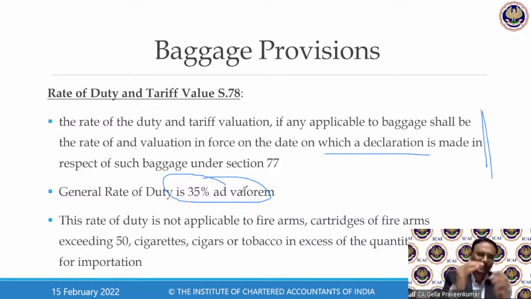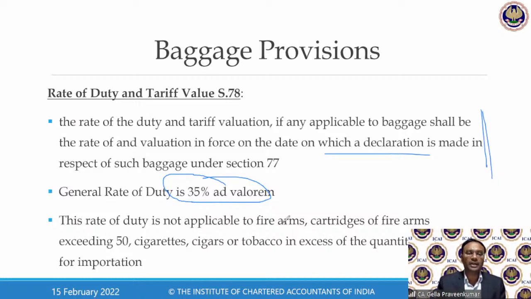So you do plus or minus. Again, if you can do this 35% of the value derived, at least half mark to 1 mark, you can fetch from the problem. Why am I telling you this? When you don't know 100%, don't leave the problem. At least make an attempt to solve within the given time. And for baggage, 35% is the value ad valorem. That means on the value of goods determined, I have to pay 35% customs duty.